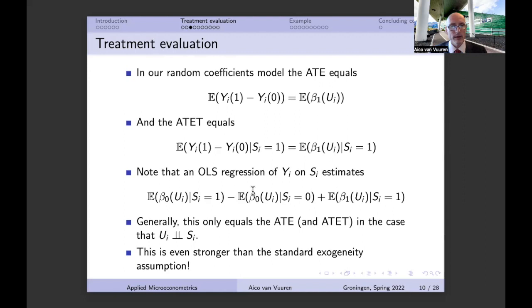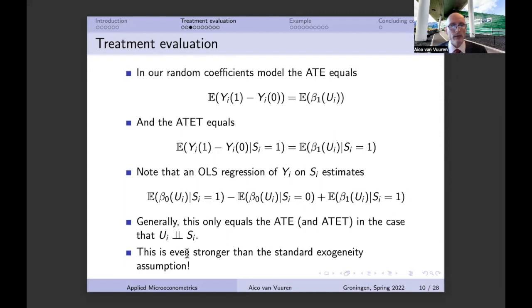Take into account that in this case I need independence, because uncorrelated is not enough in this particular case. The reason is that we do not know what this function looks like. If it were a linear function, then we could say that U and S only have to be uncorrelated with each other, but this could be a very complex function of U. In that case, generally what we need is independence.